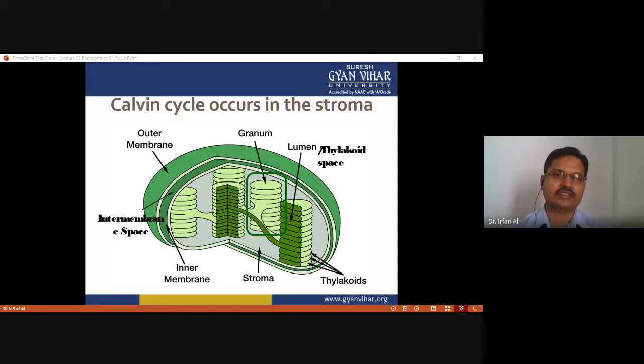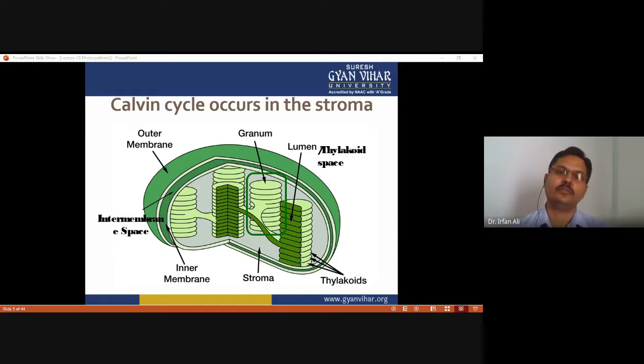Thylakoids are made up of plate-like structures called grana. These grana, or granum, are formed from thylakoids, and a thylakoid is also a membrane-bound structure, so it has a space in each granum, called the thylakoid space.